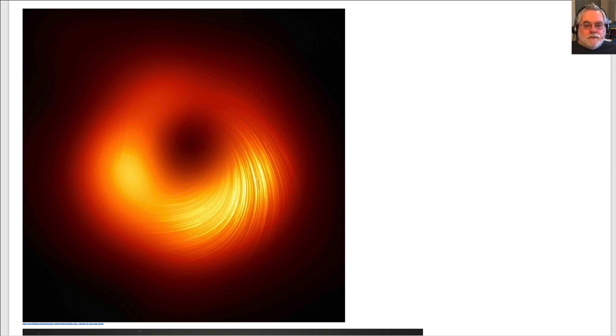Radio waves pass through dust that would block visible light. The temperature of this accretion disk is around 20 billion Kelvin. So it is emitting gamma rays and X-rays more strongly than visible light, more strongly than radio waves, though this image is in radio waves.